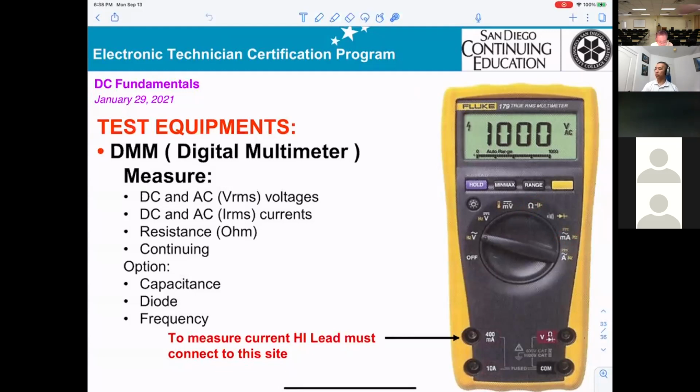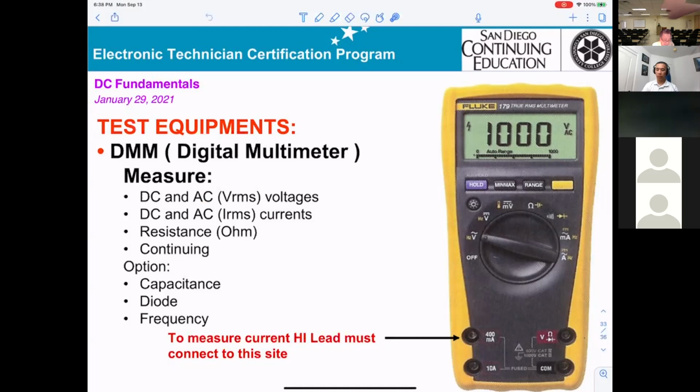When you measure the voltage, you connect positive here, negative here. However, when you measure the current, you connect positive at this point, and the negative the same thing. So you are reading here, if you are using a DMM to measure DC and AC.